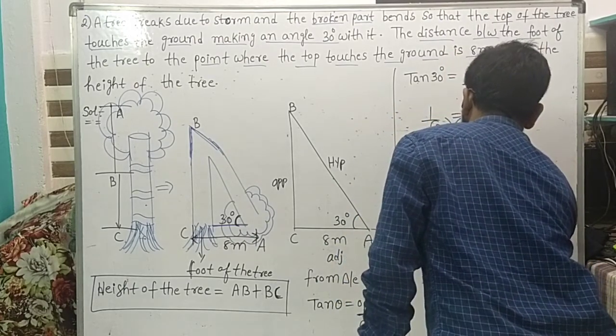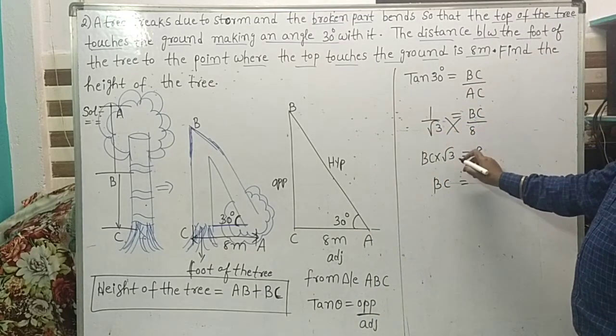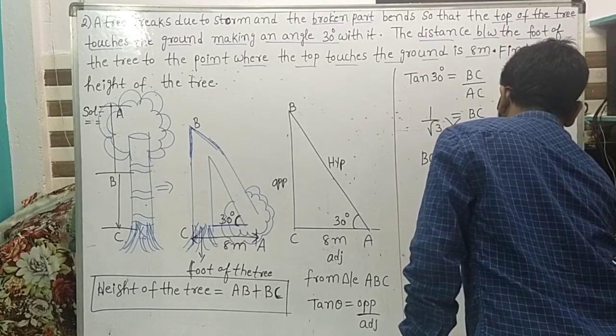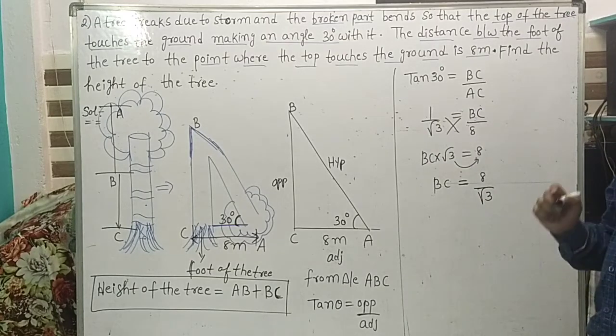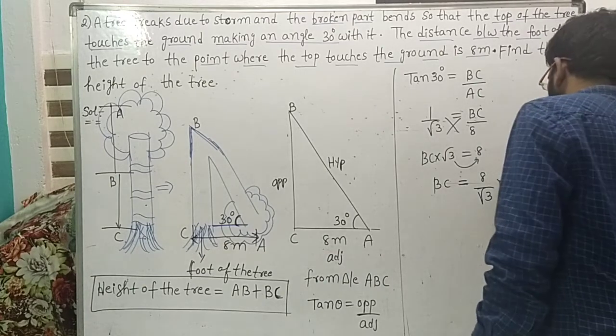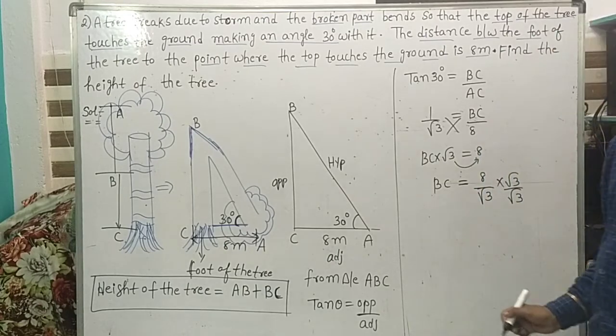So BC equals 8 by root 3. Here multiplication is there, if you send root 3 across, it becomes division. Let's keep in mind, root never stays in the denominator. That's why we need to go with rationalization. Rationalization means multiplying by root 3 by root 3. In 9th class you learned the rationalizing factor.